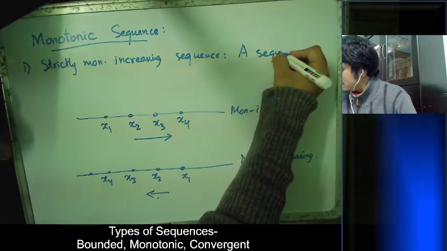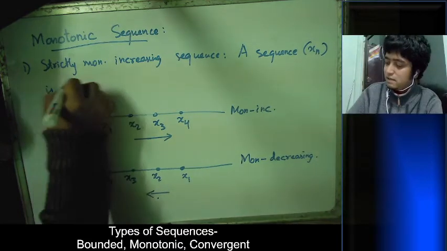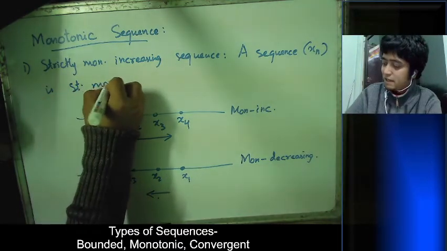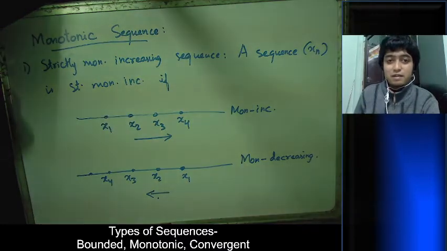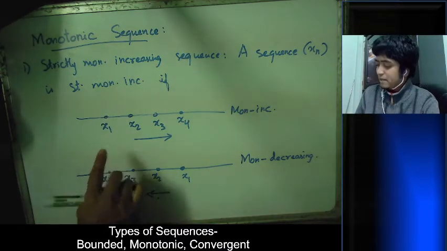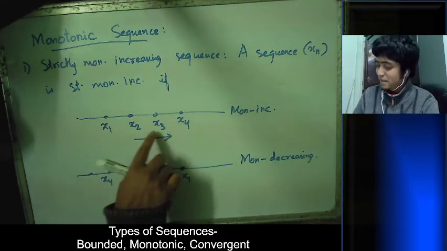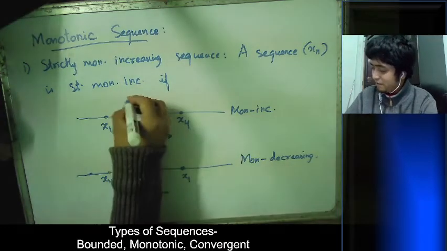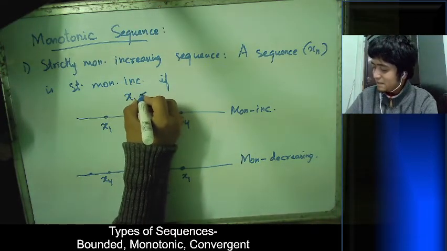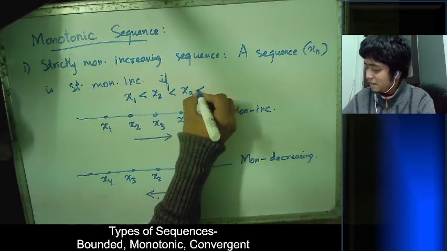A sequence xn is strictly monotonic increasing if, okay, how will we define it? You can see that over here x2 is greater than x1, x3 is greater than x2, x4 is greater than x3. So x1 is less than x2, less than x3, and so on.